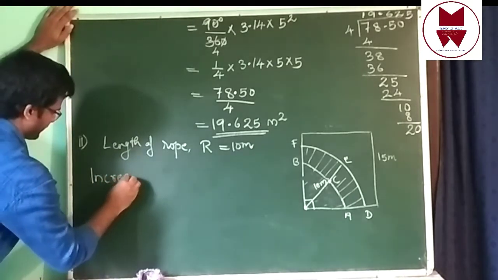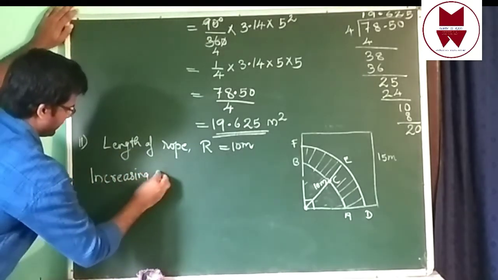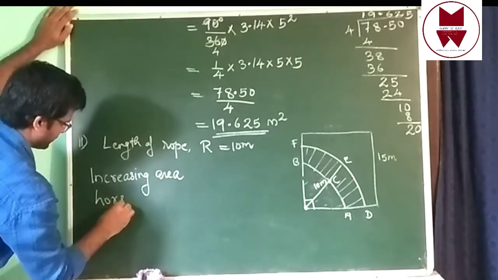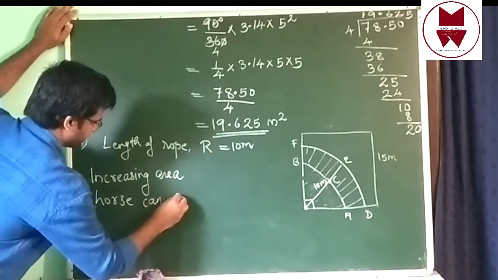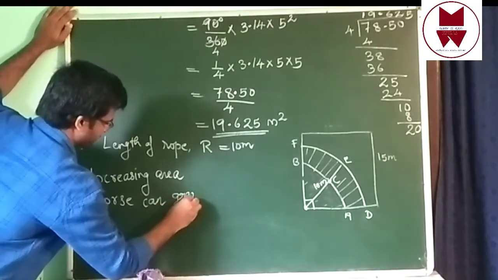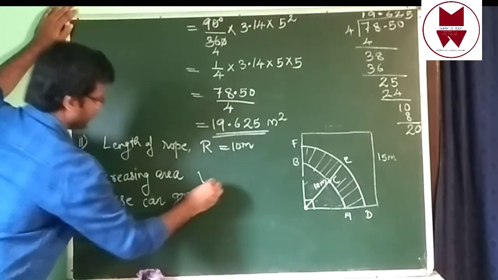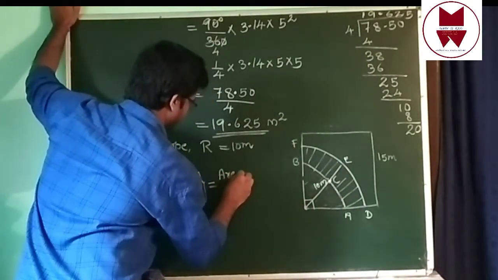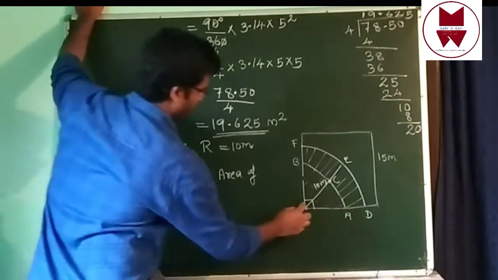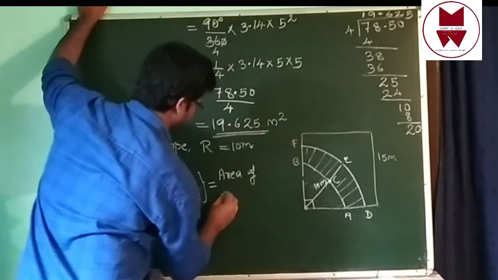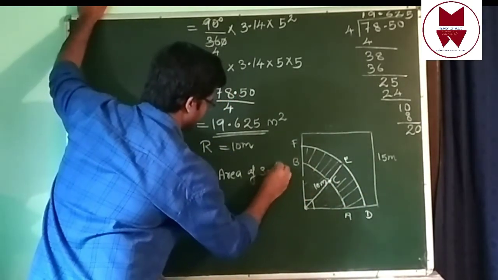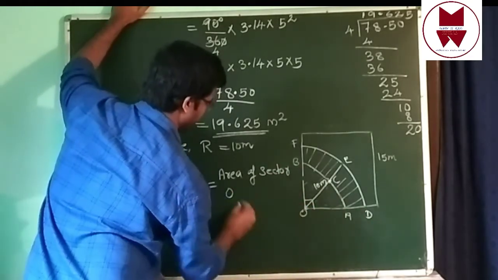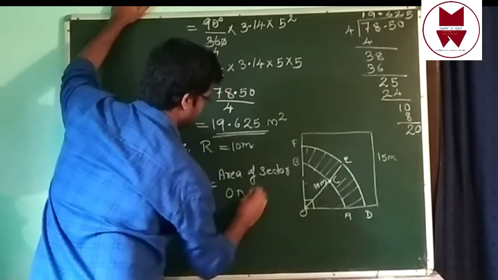Increasing area the horse can graze equals, first we will find out the area of sector ODEF.